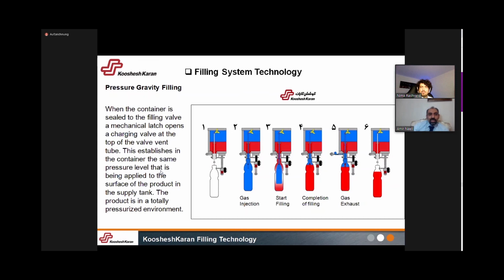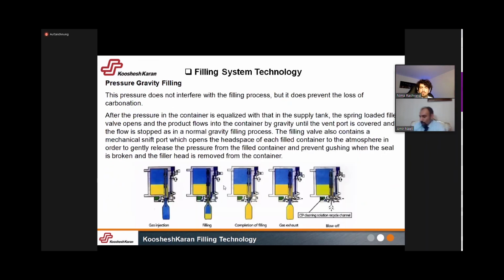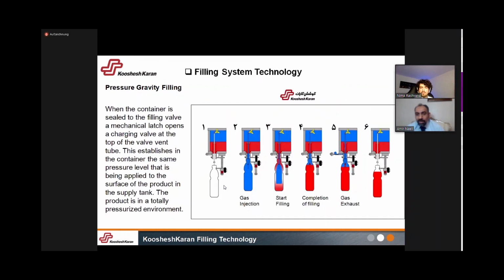The product is in a totally pressurized environment. When the pressure of the bottle and the tank is the same, the filling starts.